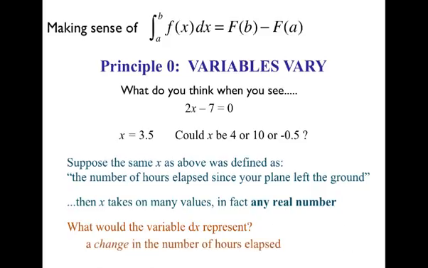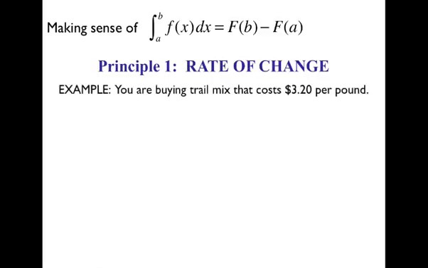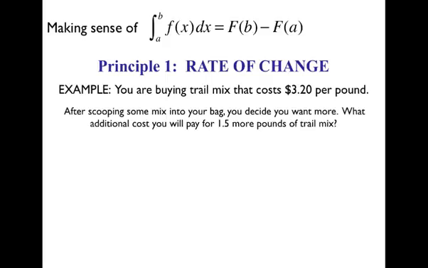Okay, so now principle 1, rate of change. So let's do a rate of change 101. Here we go. We're going to buy trail mix that costs $3.20 per pound. We're going to scoop some into our bag, and then we're going to decide we want some more. What additional cost will you pay for 1.5 more pounds of trail mix?